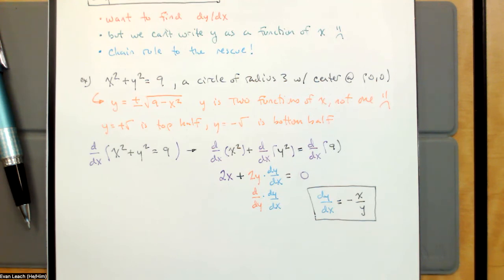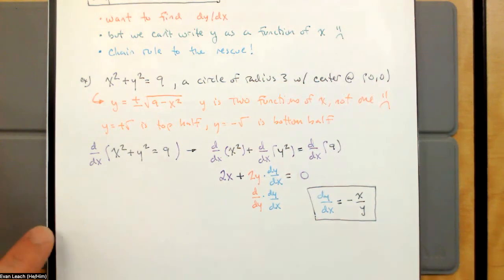Now this is the derivative, dy dx. So this should still be the slope of the line tangent to this circle at any point x, y. The slope in the normal sense, rise over run, the change in y divided by the change in x. So this is the slope of the line tangent to the circle.